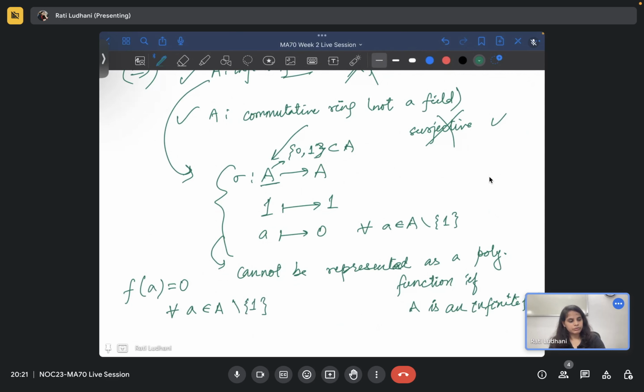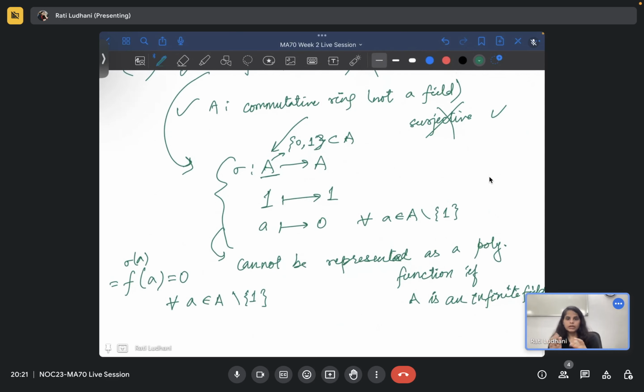Because f of a should be the same as sigma of a. If there is a polynomial such that sigma of a is equal to f of a for all a belonging to A, then what should happen? f of a has to be 0 for all a belonging to A minus 1. Is that clear? Yes, ma'am.